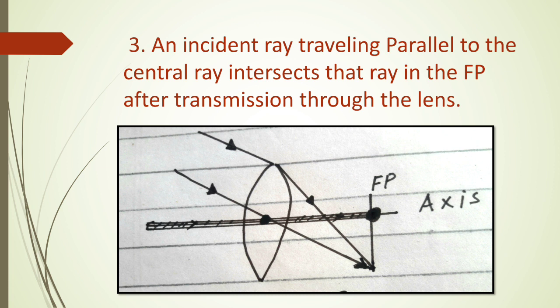Let us consider principle number 3 in this diagram. You can see the central ray in this diagram, the ray which passes through the center, and we know that the ray that passes through the center is undeviated. This ray does not change its direction.